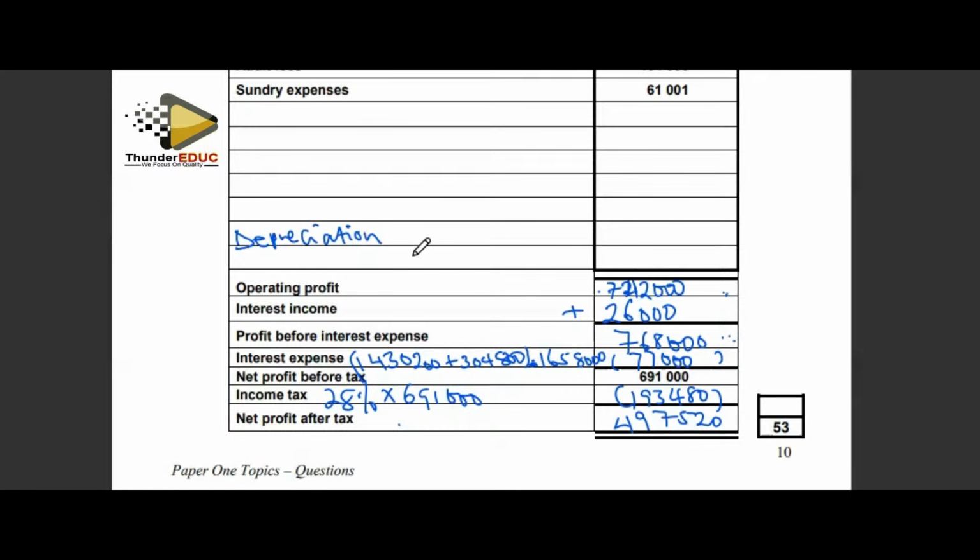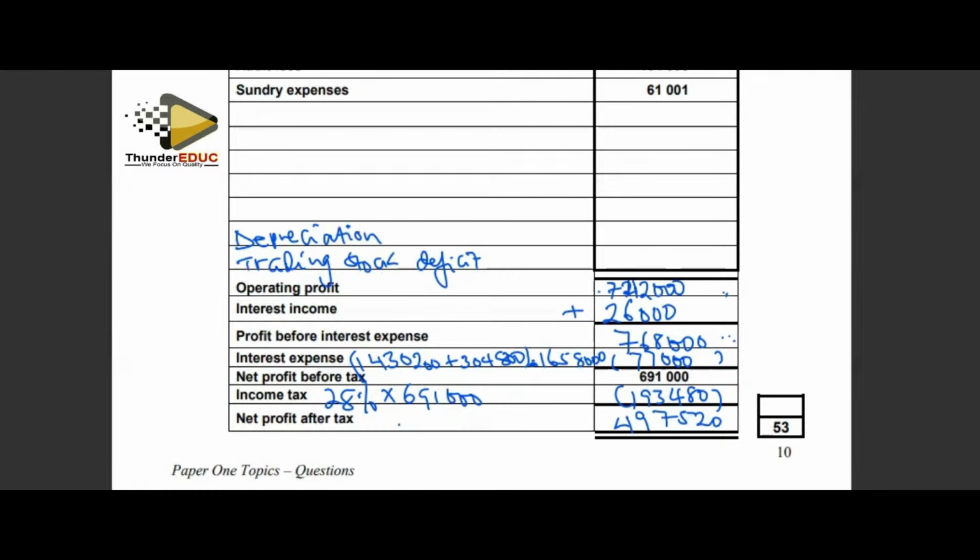I'll enter this figure when I do the PPE. And we also had the trading stock deficit. Those are two missing figures which remain here.